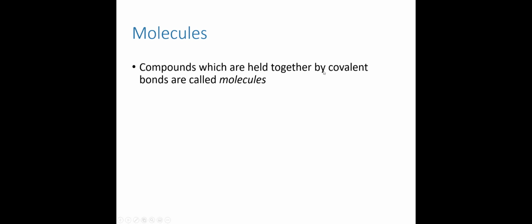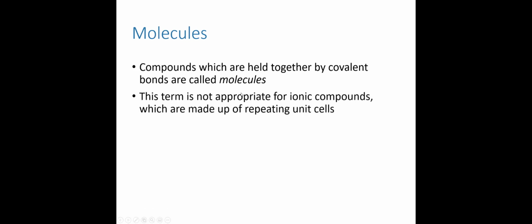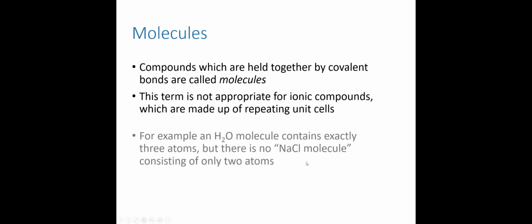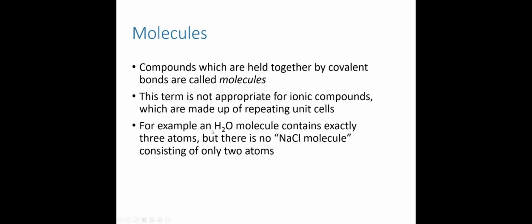Whenever we have covalent bonds holding atoms together, we use the term molecule to describe them. It is not appropriate for ionic compounds, which, as we already saw with sodium chloride, make up repeating unit cells or crystal lattices. So when we talk about water, an H2O molecule, that is a single entity.